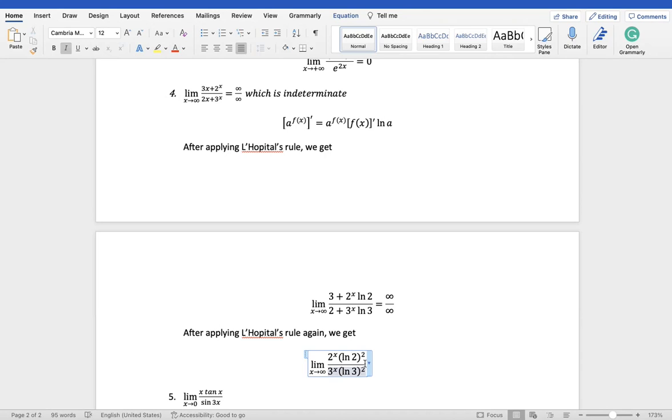Okay, so now what happens when you apply infinity into this expression?